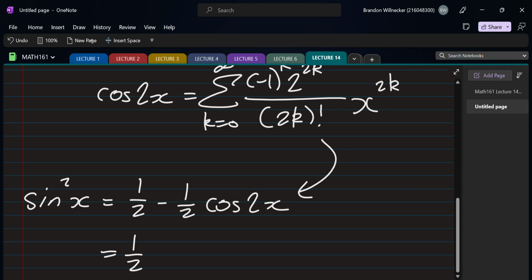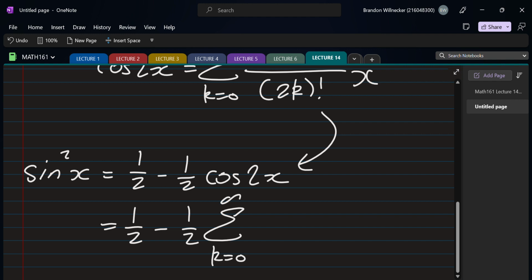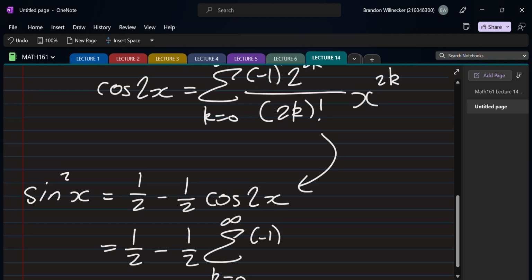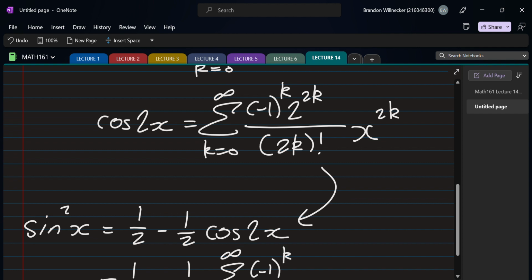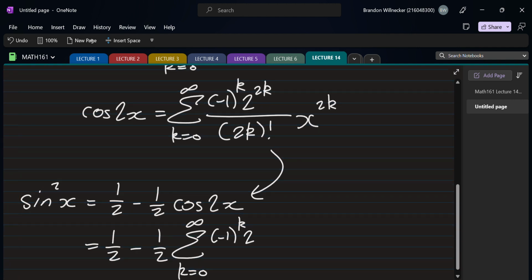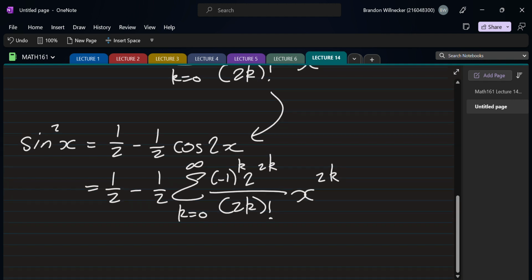So this will be 1/2 minus 1/2 times the sum from k equals 0 to infinity of (-1)^k 2^(2k) over (2k)! x to the 2k. Now you can leave it like this, that's fine, but if we substitute k equals 0 into that, we get 1/2. Okay, you can check that. So we have 1/2 minus, and then the first term from the series is 1/2. So 1/2 minus 1/2, that cancels.